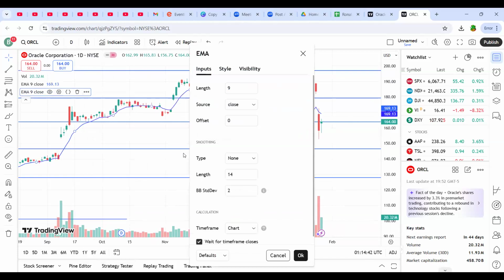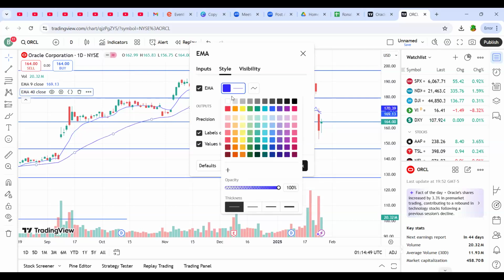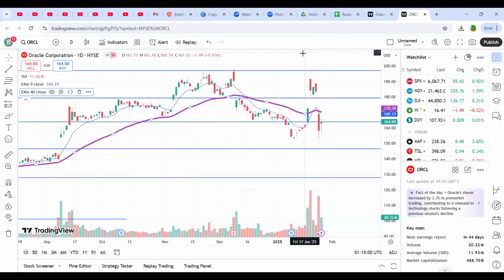So I'm gonna click on here and I say length. I'm gonna say 40. The 40-day is gonna be my long price. And you see I can change the colors. I can make the line as thick as I want. These are, remember, moving averages. It's the smoothed out data, right?